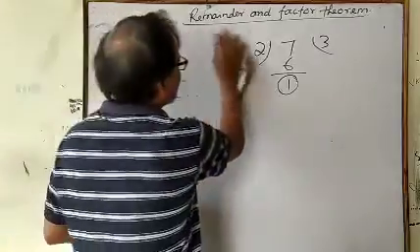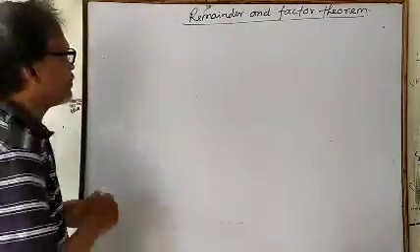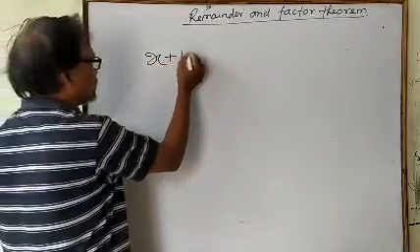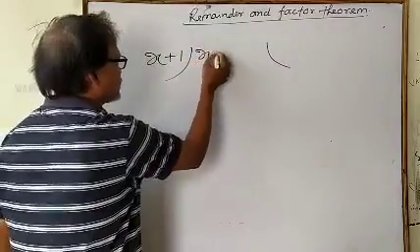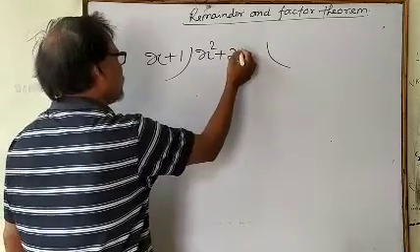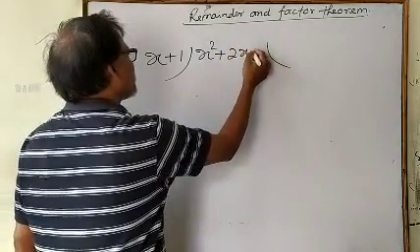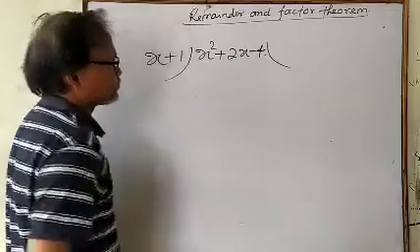In algebra, the same thing. Suppose we have x plus 1 as the divisor and the dividend is x square plus 2x minus 4.